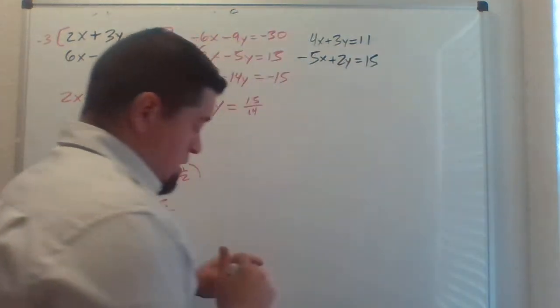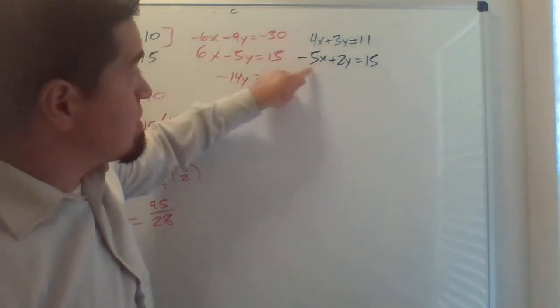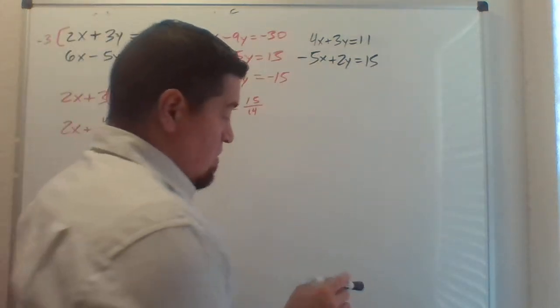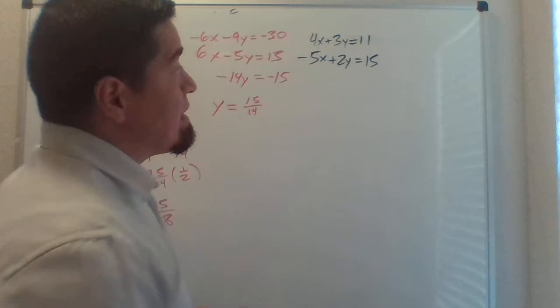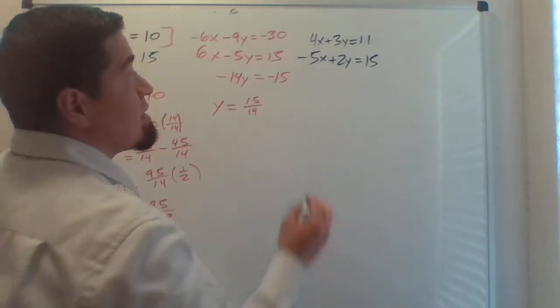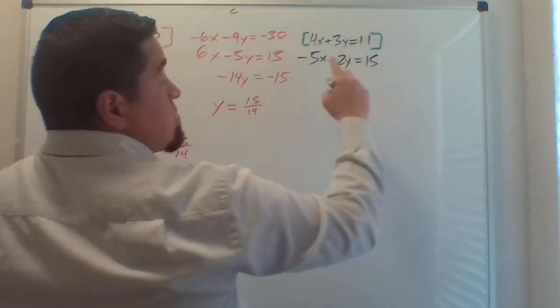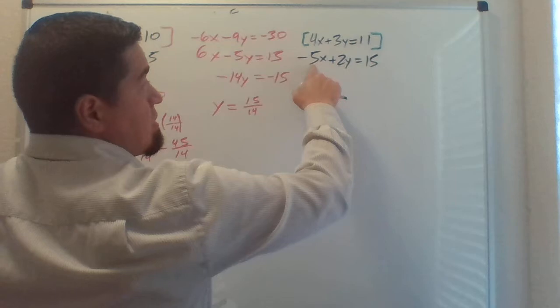Okay, so you'll notice there's nothing I can multiply 4 by so that I can get 5, and there's nothing I can multiply 3 by so I can get 2, or 2 to get 3 either. So I could multiply both equations. That's an option. So the easy thing would be multiply 4 by this one, okay?